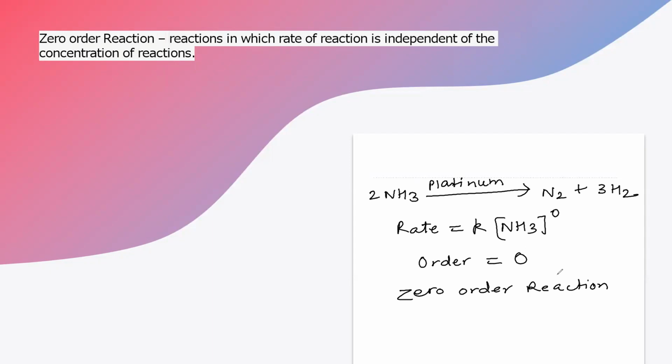No matter how much reactant you take, the rate depends on some other factors. Other factors can be the physical conditions like temperature, pressure, or the use of a catalyst or the amount of the catalyst you are using. So there are some other factors which affect the rate of reaction. Okay, so this is a zero order reaction.